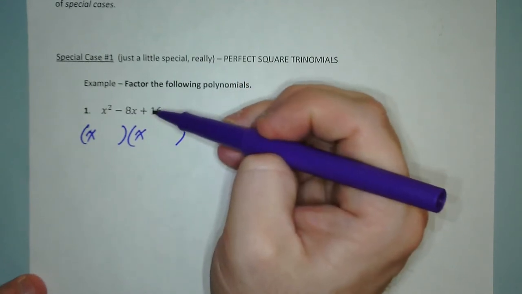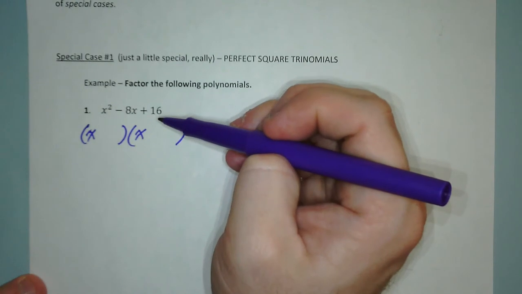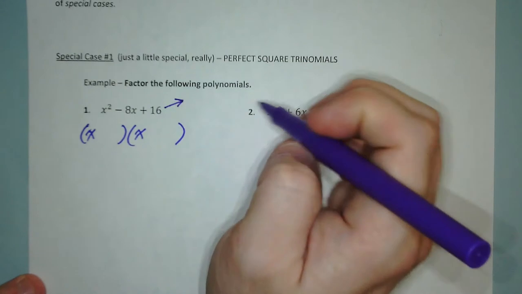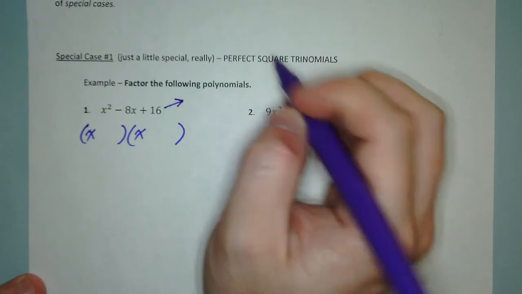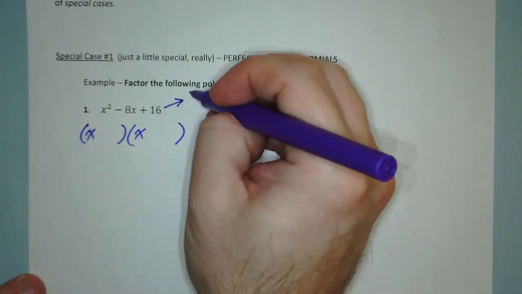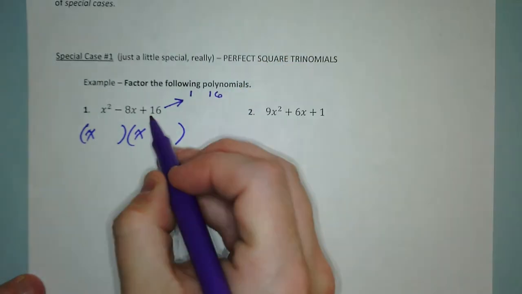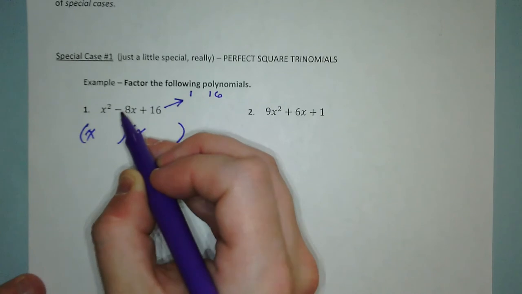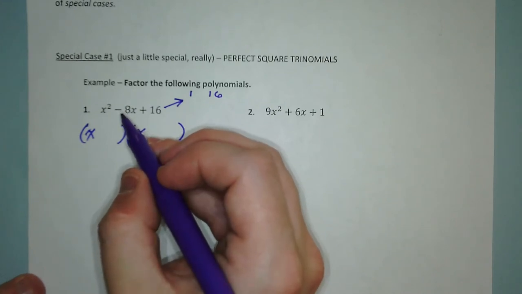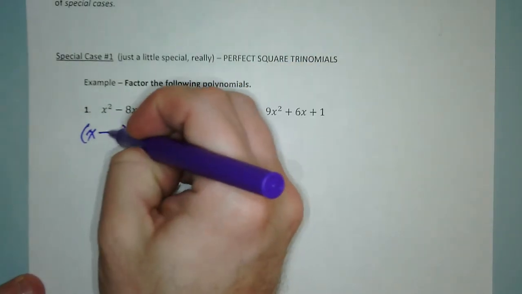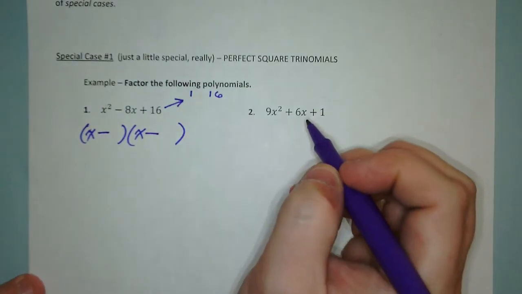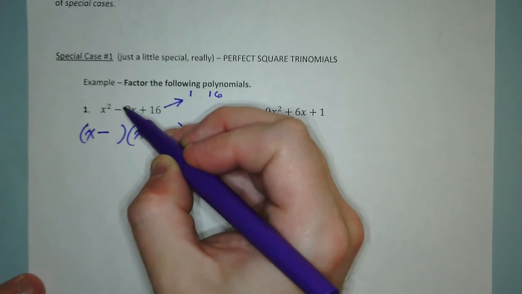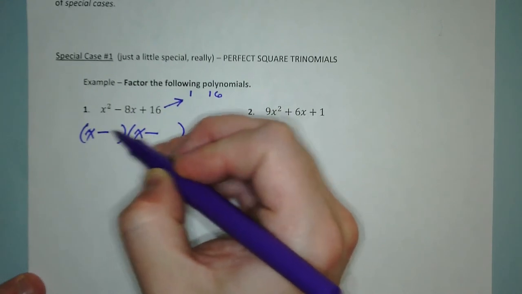Like I said last week, a lot of you can do this very comfortably in your head, but you might have to go over here, so we have positive 1 and positive 16, but they have to add up to negative 8. I think we can already assume it has to be minus minus, if we're going to get a positive 16 here and a negative 8 there.